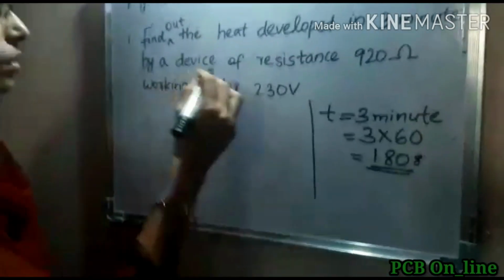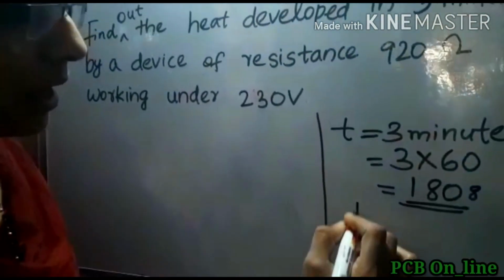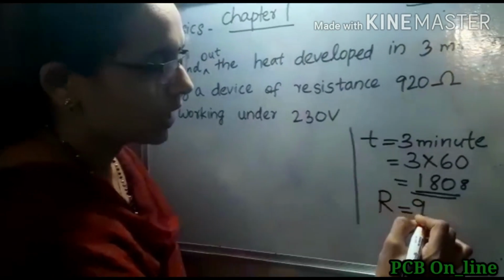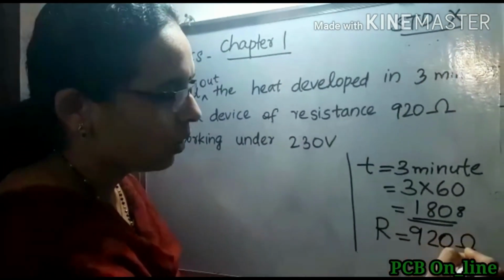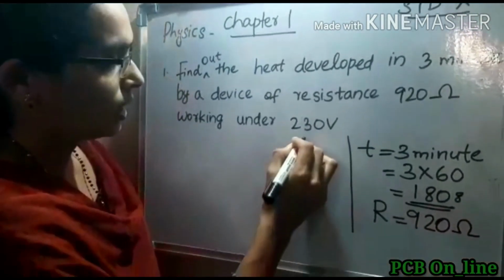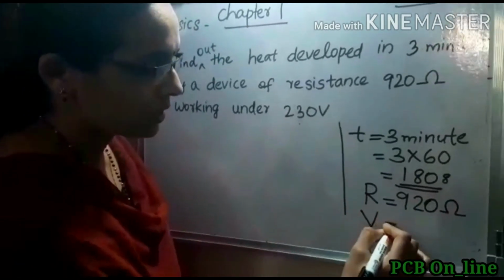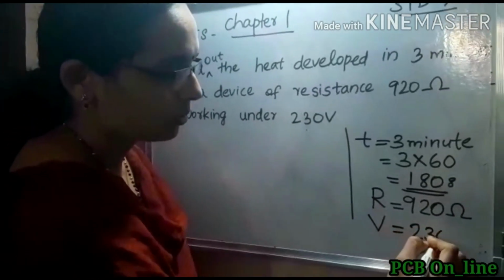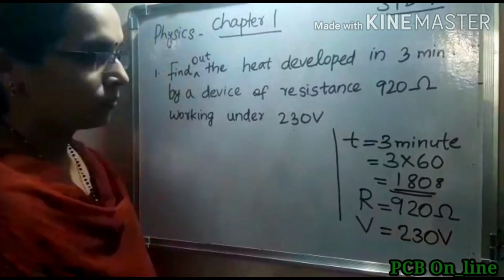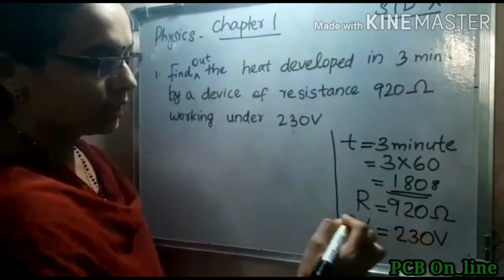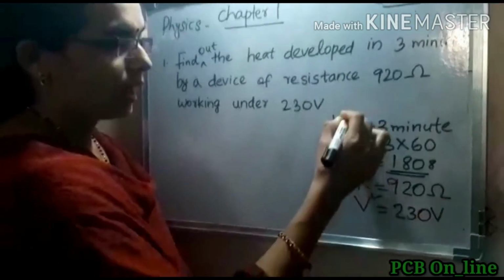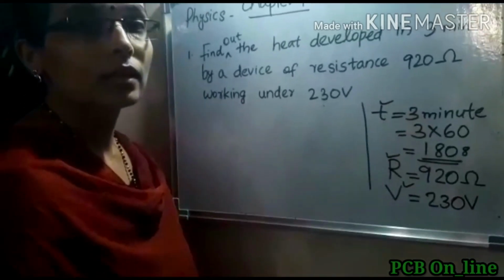Now, what is resistance R? R is given as 920 ohms. And last, V, voltage. V is equal to 230 volt. Thus, here V, R and T are given.